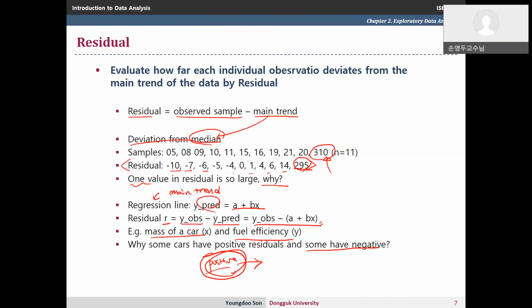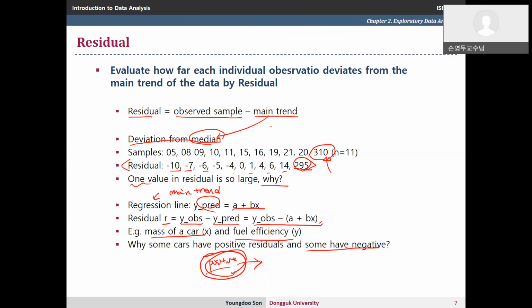So residual is defined as the observed sample minus the main trend, and many things can be this main trend. For example, the median or mean can be the main trend.